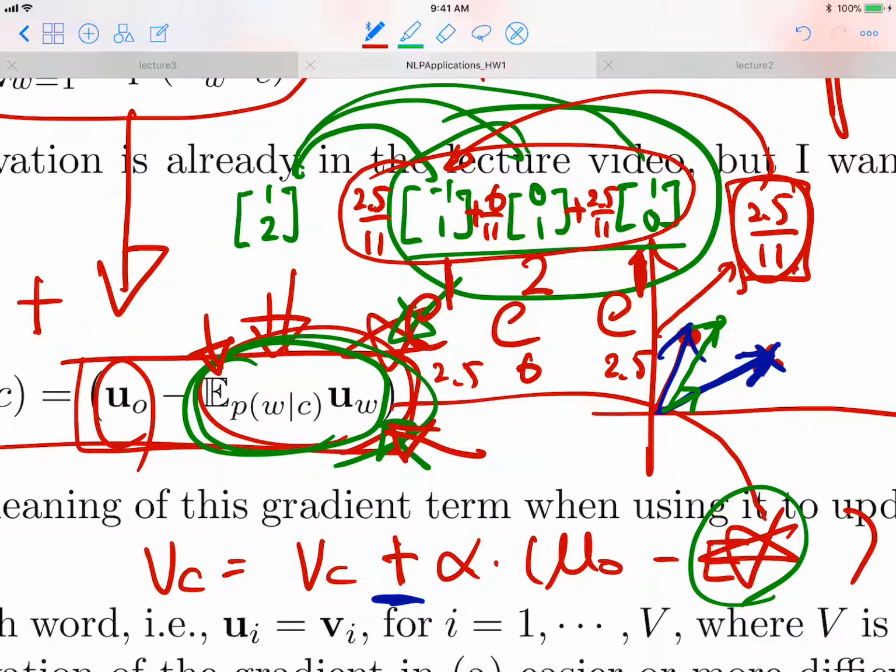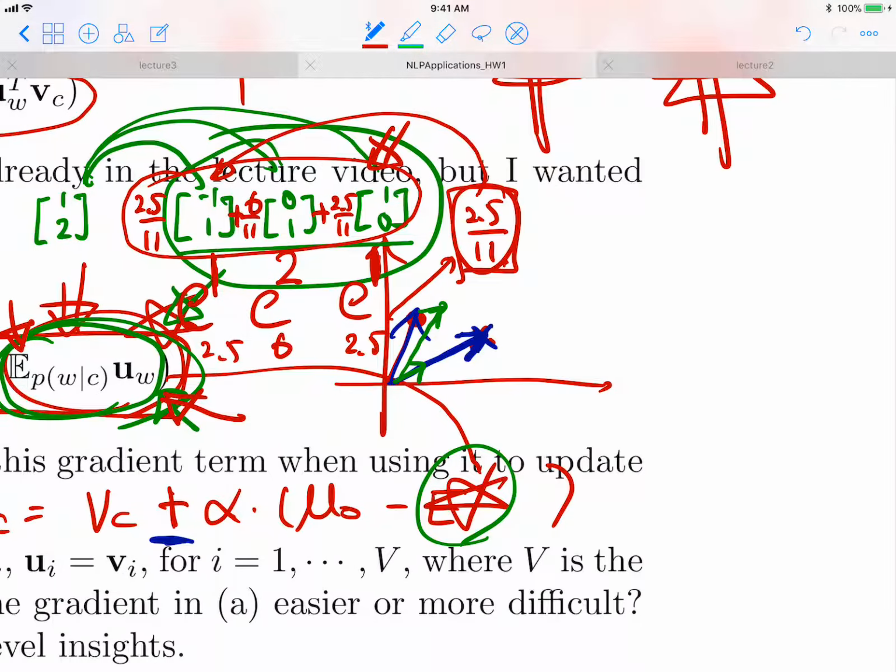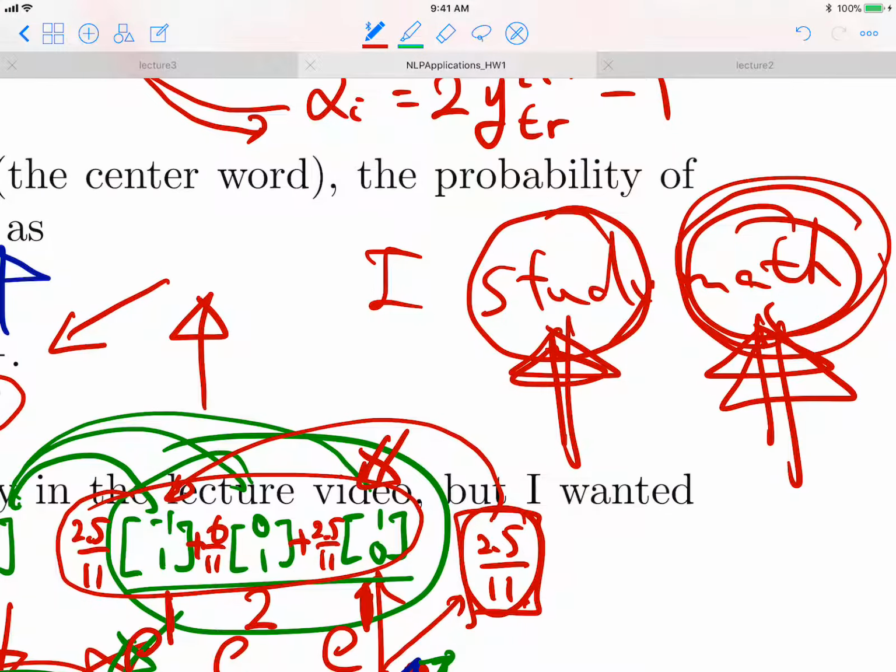The intuitive meaning of this vector is as follows. Before getting the information, we do not know yet what the observed word is. Suppose we are only given this center word, study, and have not yet observed the context word.